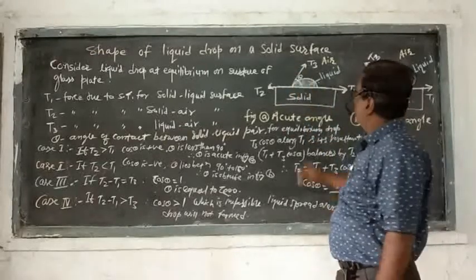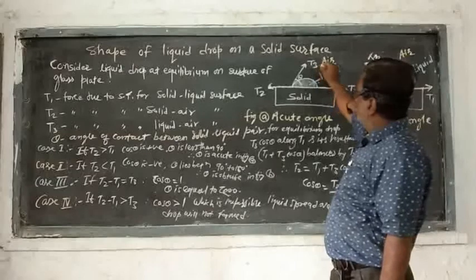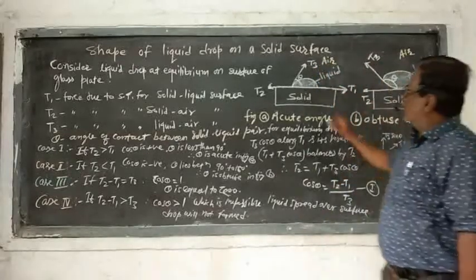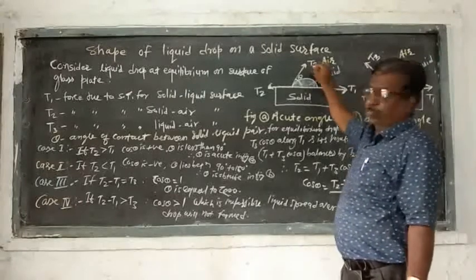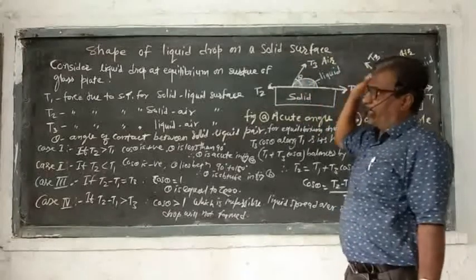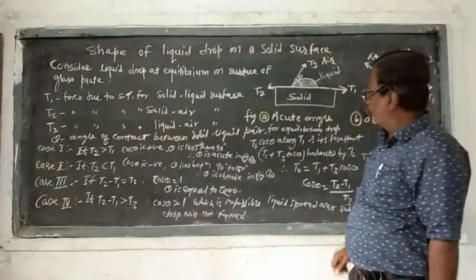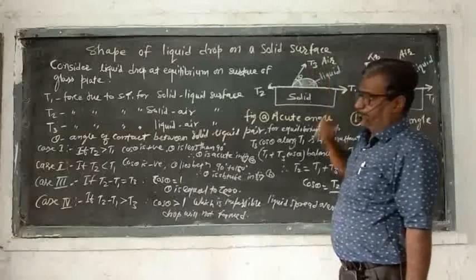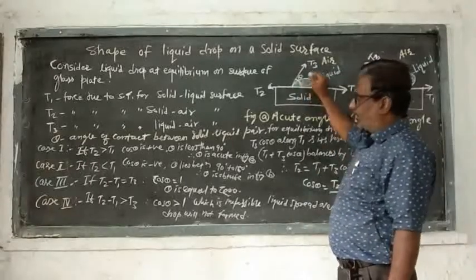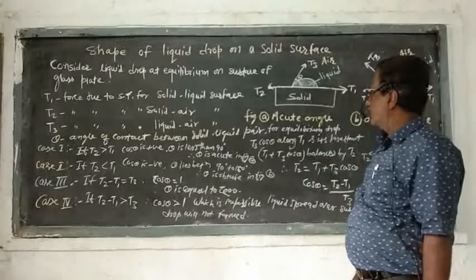And third, T3 is the force due to surface tension for the liquid air surface. So T1, T2 and T3 are the three forces. Now here there is an angle theta. Theta is the angle of contact between the solid and liquid pair.